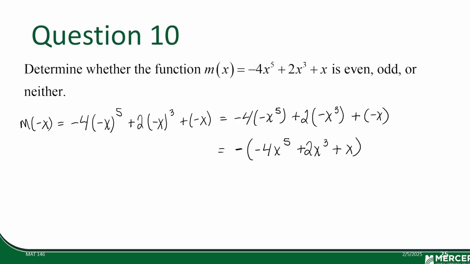Yes. What's in parentheses? Isn't that m of x? Oh, it's because you factored out the negative. Even if I didn't factor out the negative, it's still negative m of x, because every single term had the sign change. I just wrote it with the negative factored out to make it more explicit.